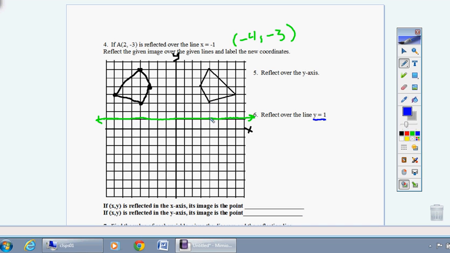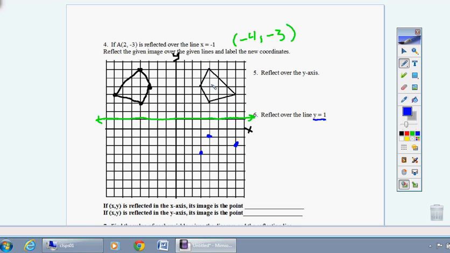So 1, 2, 1, 2. Make my new vertex. 1, 2, 3, 1, 2, 3. Go to this vertex. 1, 2, 3, 4. 1, 2, 3, 4. And lastly, this vertex. 1, 2, 3, 4.